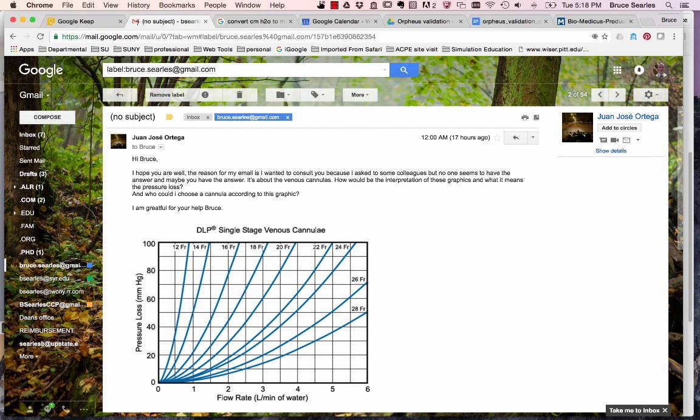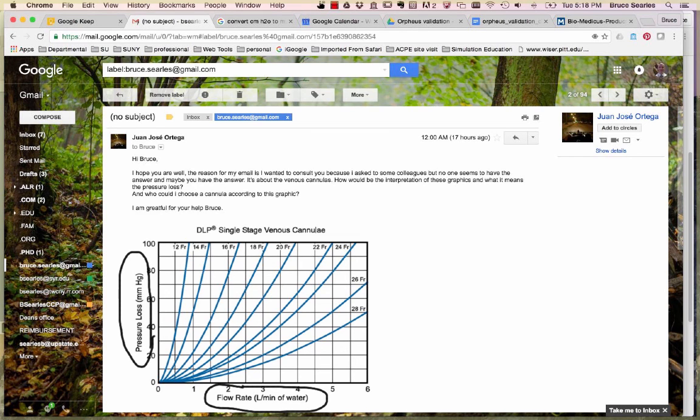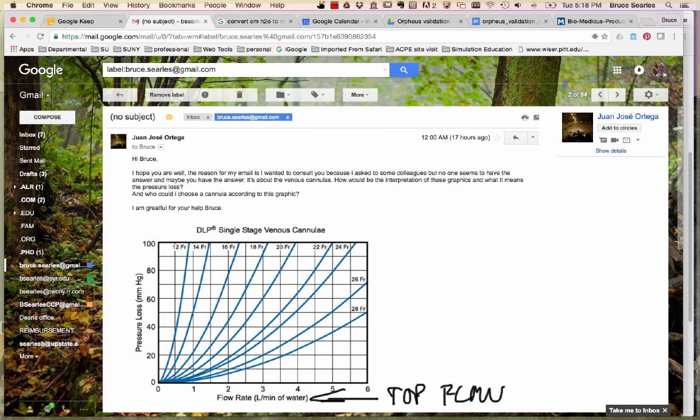First of all, the graph shows us flow rate and something called pressure loss, and we'll talk about what that is. The flow clearly is what you think a top flow is for your patient. A lot of perfusionists pick a top flow of 2.4 cardiac index.